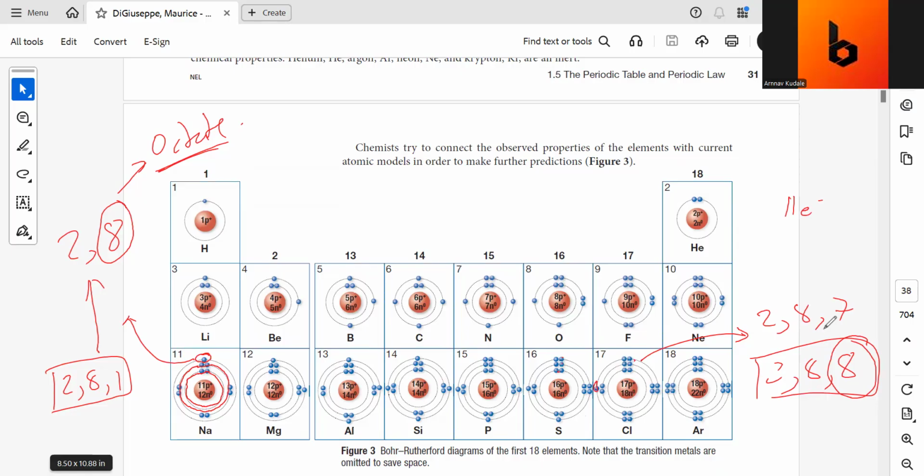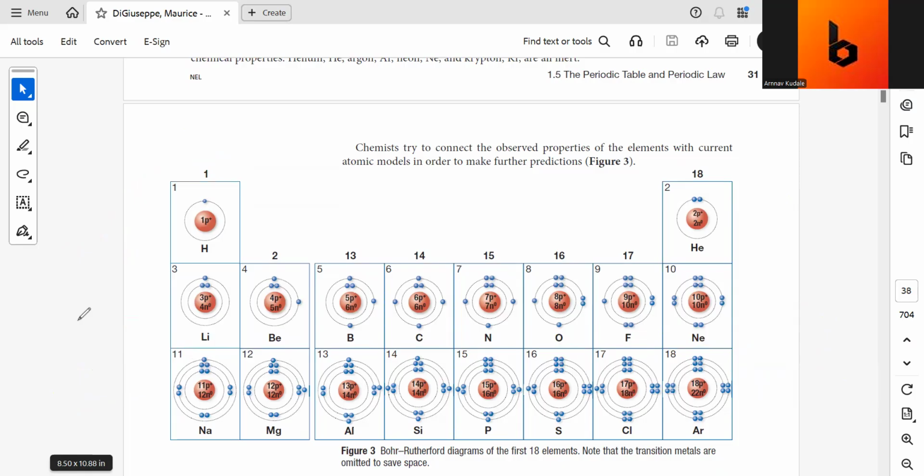So, what is the octet rule? Any element, if it has its outermost shell with 8 electrons, it is more stable. Each and every element tries to have those 8 electrons in its outermost orbit.